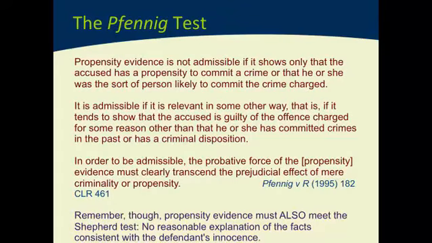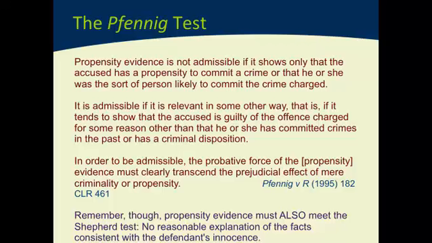The Pfennig Test is that propensity evidence is not admissible if it just shows that the person had a propensity to commit the sort of crime that they've been charged for. In order to be admissible, the probative force must clearly transcend the prejudicial effect of mere criminality.